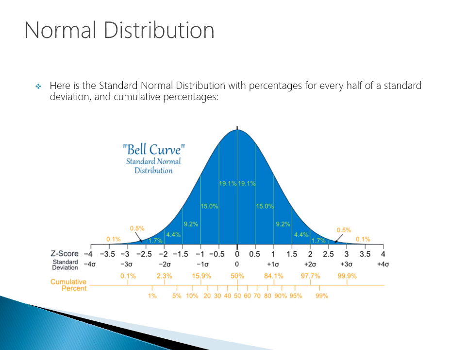For instance, minus one deviation from the mean, starting from the left-hand side, accounts for 15.9% of the overall observations. 0 deviations from the mean accounts for 50%, as we've talked about. 2 deviations from the mean is at 97.7%, and at various half deviation intervals we can see the cumulative percent.